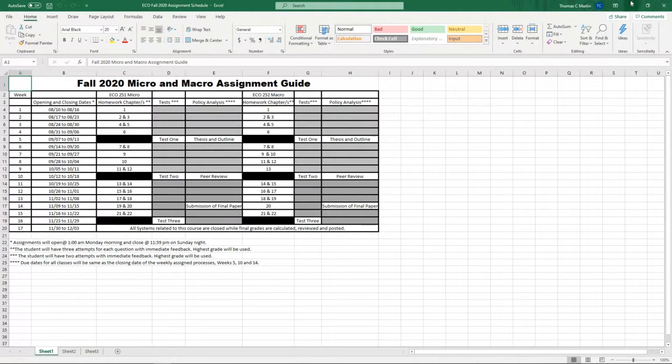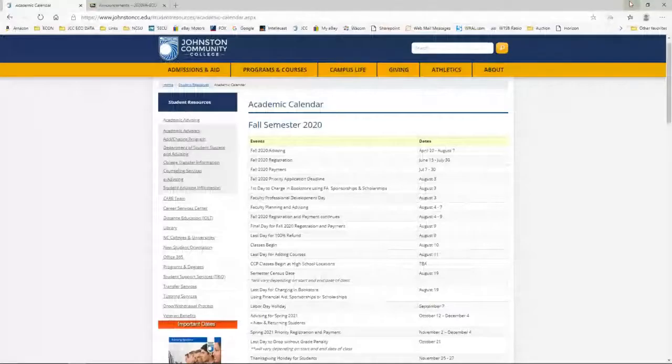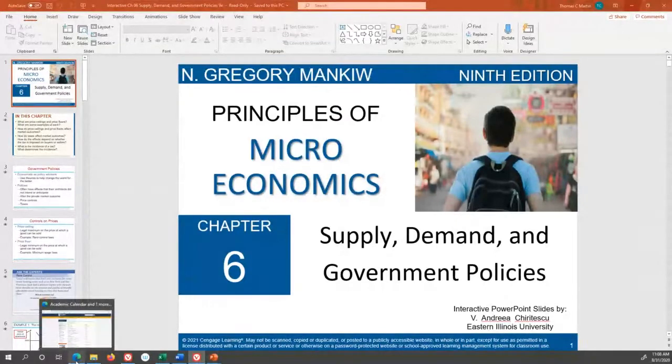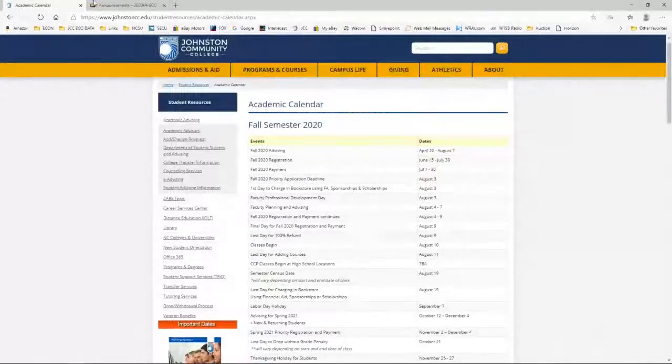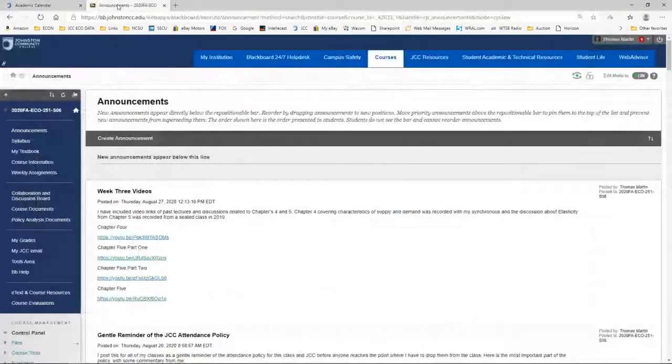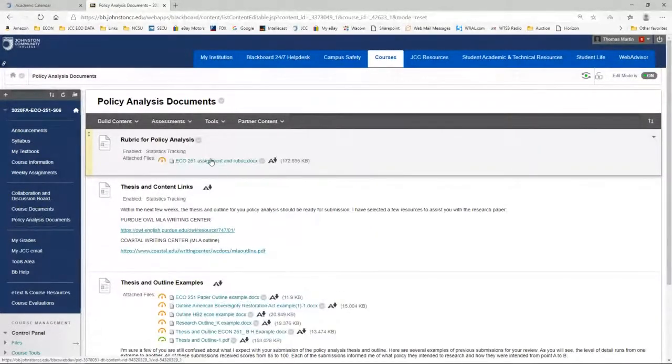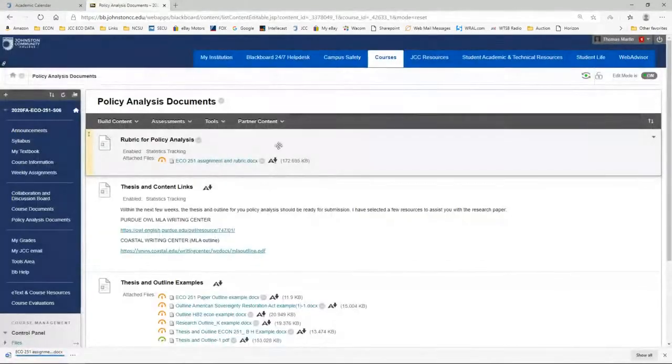Now with the thesis and outline, if you want to know what is expected, go to policy analysis. There's the rubric for the assignment.